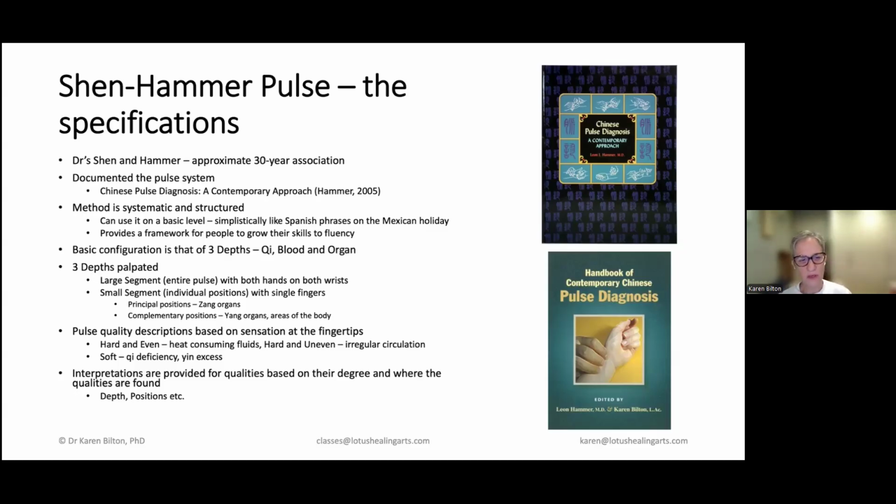And interpretations are provided for the pulse qualities based on the degree to which they're felt and where the qualities are actually found. So different qualities have different implications in different positions. For example, if you're feeling the choppy quality in a proximal position in a woman of childbearing age, then it might just be that the woman is having a period.